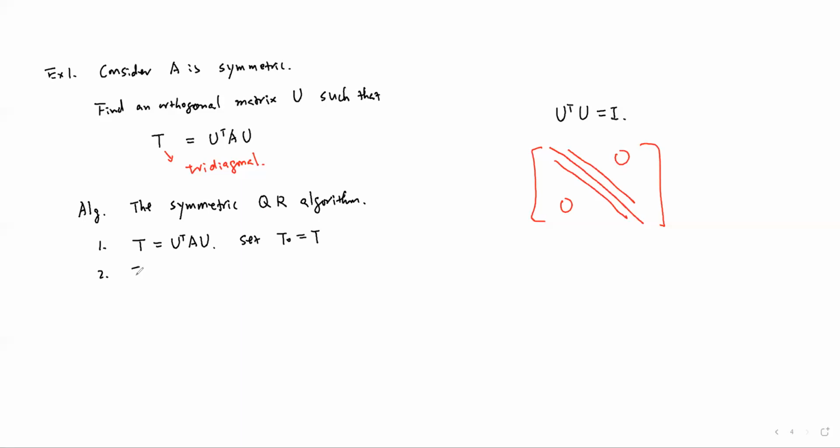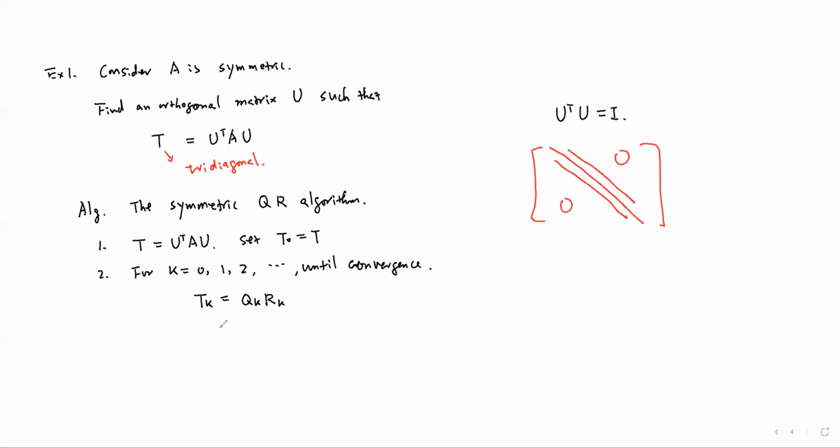Step 2: perform the for loop, K from 0, 1, 2, and so on until convergence. In step K, perform QR factorization on TK.